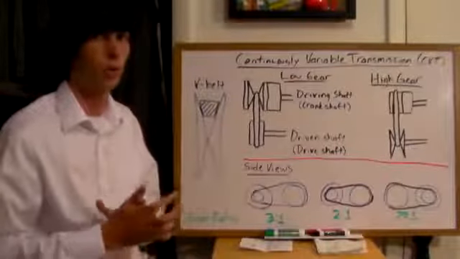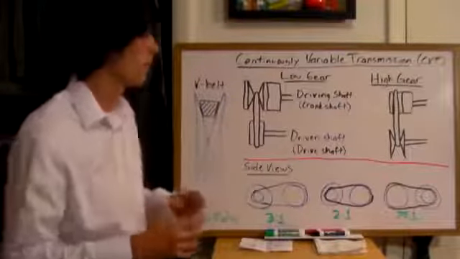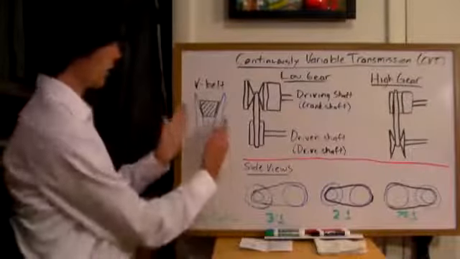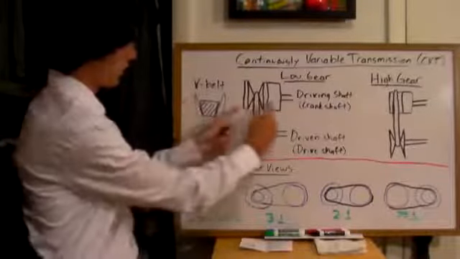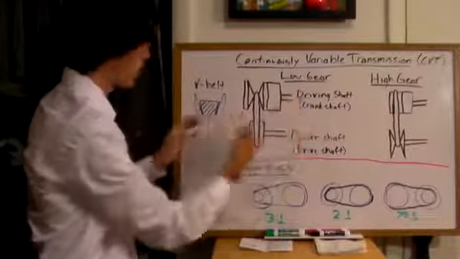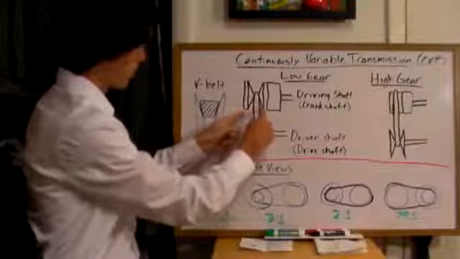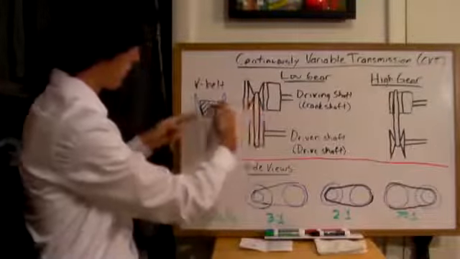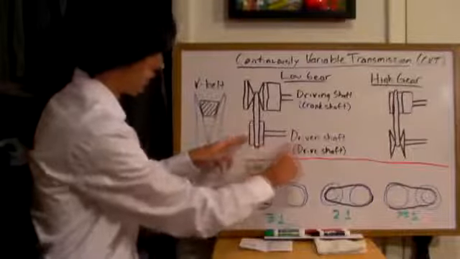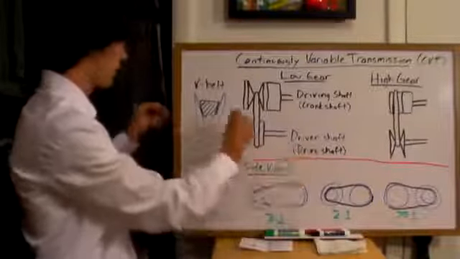However, in this video, I'll be explaining a pulley-based CVT. Now, you'll have a pulley, like you can see here, connected to your crankshaft, or your driving shaft, and that pulley is going to be connected by a V-belt to another pulley, which will be your driven shaft, or your drive shaft.